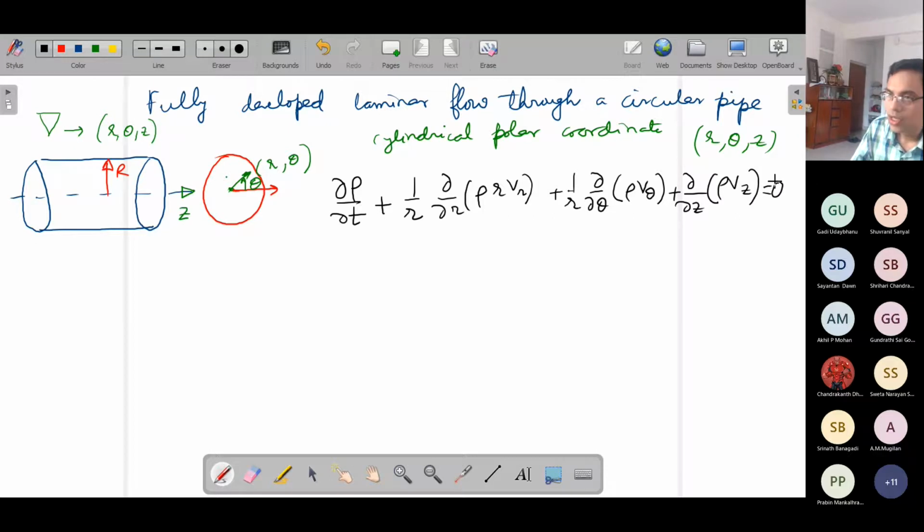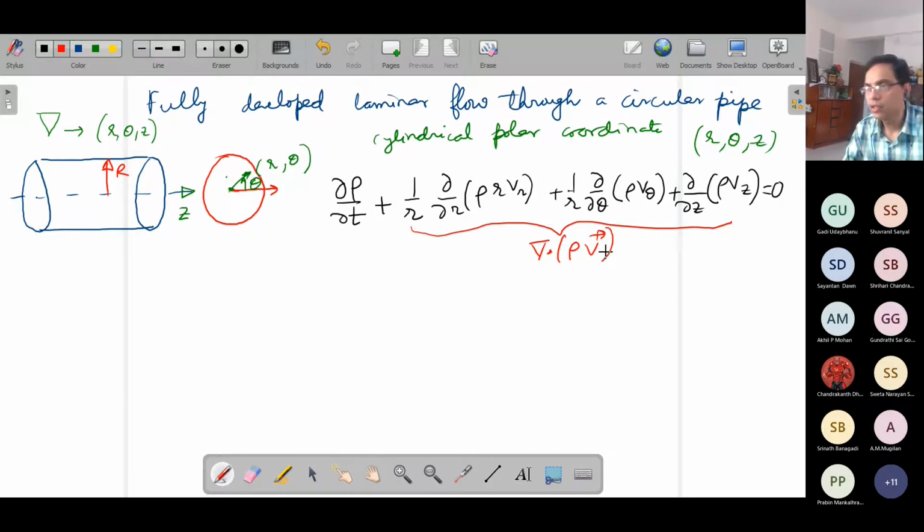If you try to understand the correspondence with the corresponding vector form, this is the divergence of rho v. You can see that v now has three components: v_r, v_theta, and v_z.